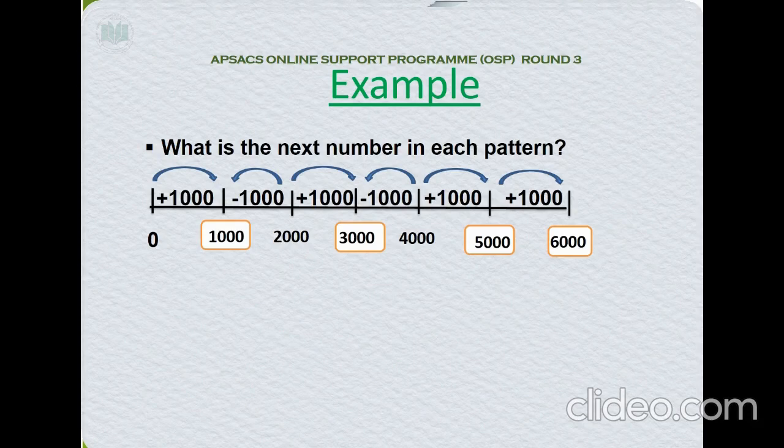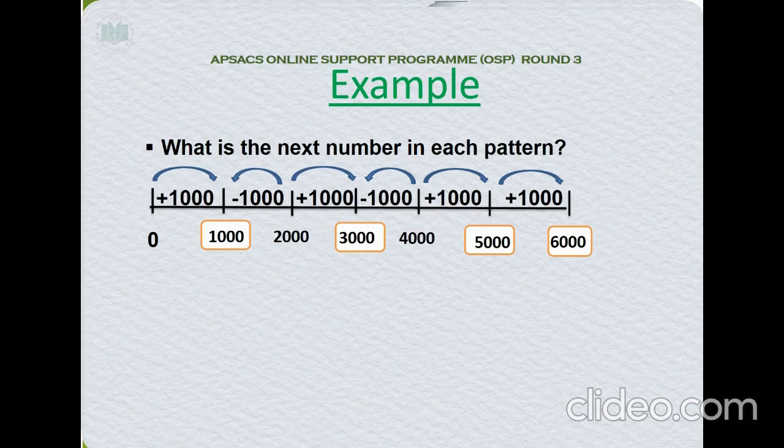As you see the numbers given to us on the number line, they are 0, 2000, 4000. So what will come between 0 and 2000? And after 2000 you have one blank space and then 4000. So what will come between 2000 and 4000?